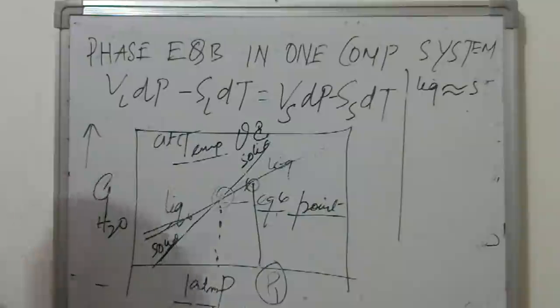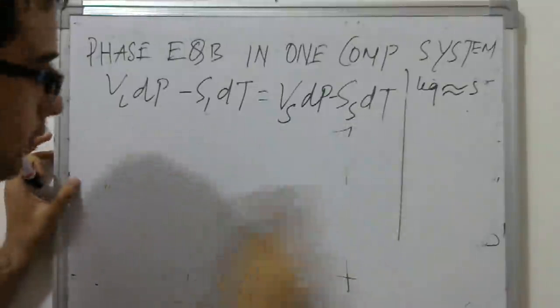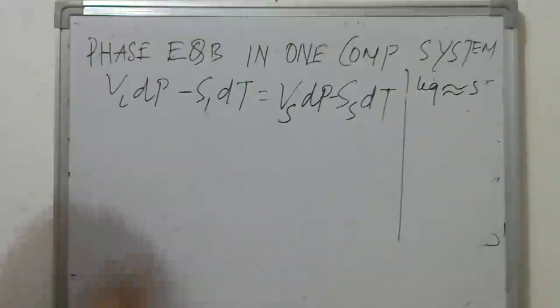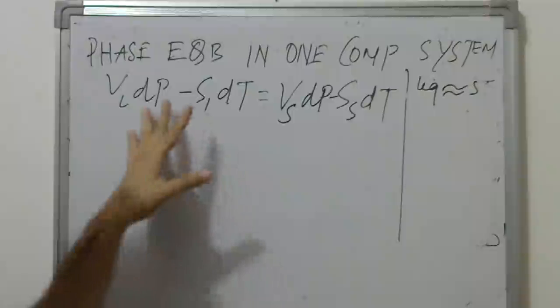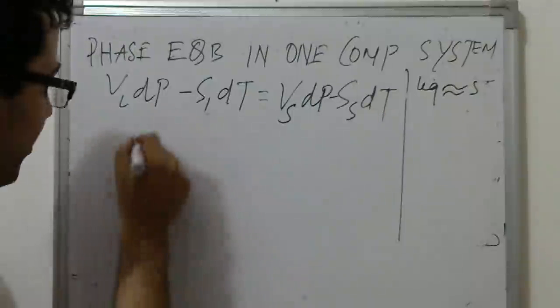Fine. Now let me just stop with this one. A lot of questions are asked from this, which is why I talked about it. Now let's see. This dP/dT is what we are talking about, the change of pressure with respect to temperature. So I have to have this term, right?